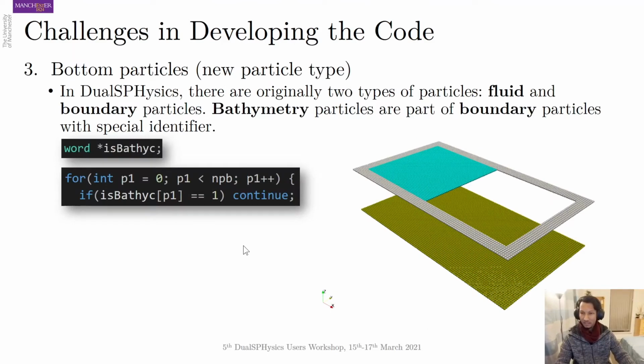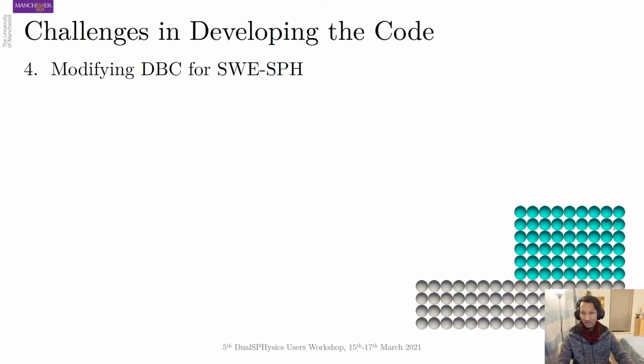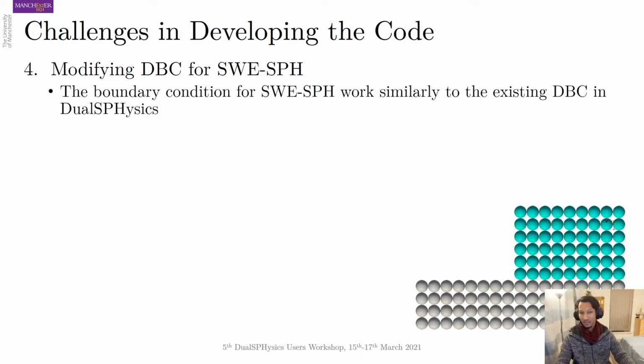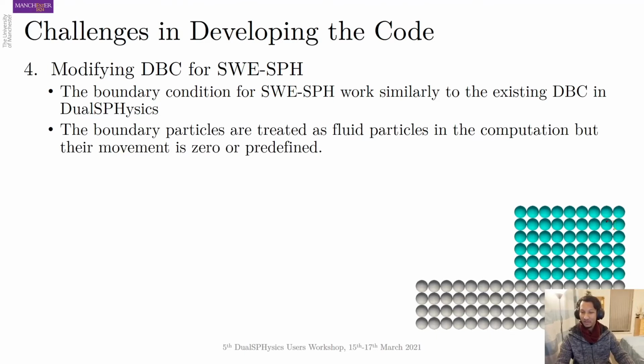The next challenge is the bottom particle. In the original DualSPHysics, we only have fluid and boundary particles. But for the shallow water model, the bathymetry data is part of the boundary, and we need to create a new array to identify whether it's a normal boundary or bathymetry data. Then for the solid wall or the dynamic boundary condition, we have modified the existing one to work with the shallow water model. So it works very similarly.